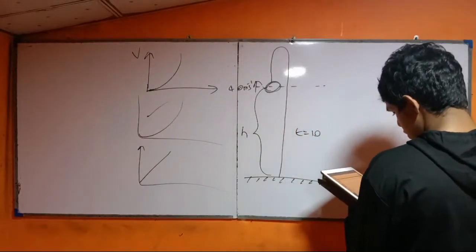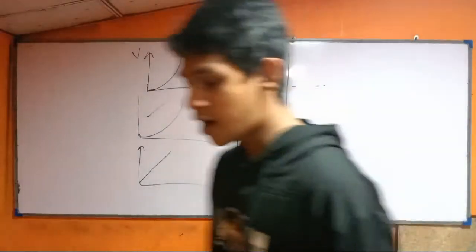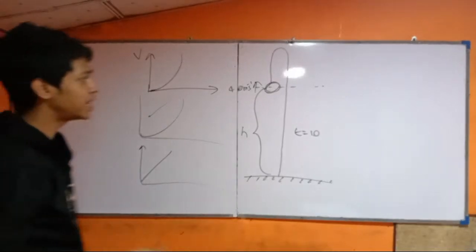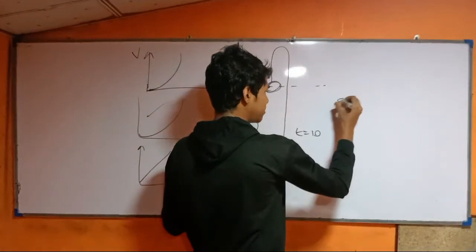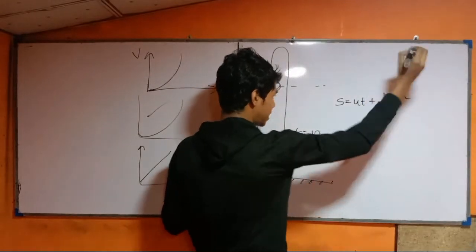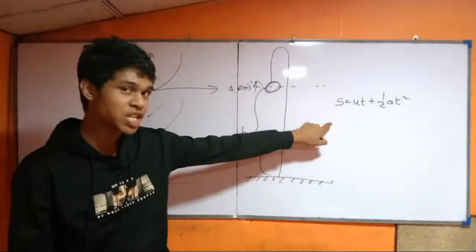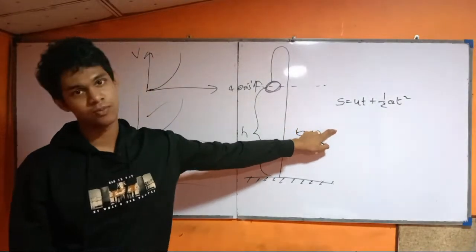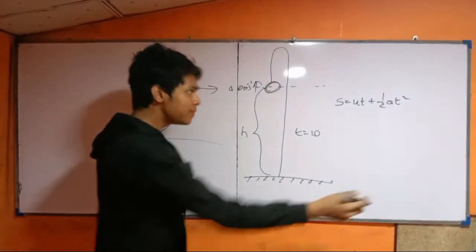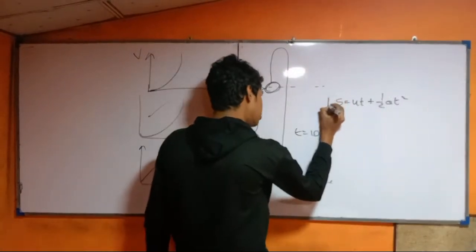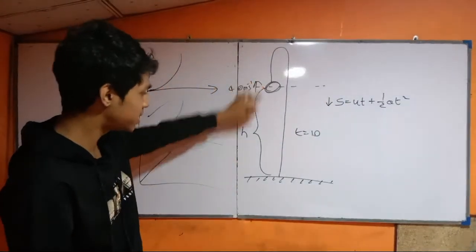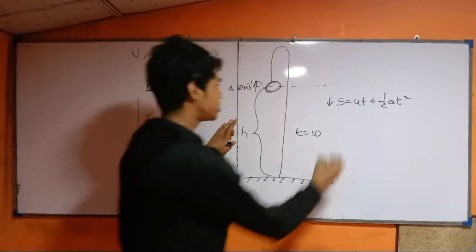Then you apply s equals ut plus half at squared, and you get a direct answer for this. How? s equals ut plus half at squared. You need to indicate the direction you are applying. Always remember, if you apply downwards, the downward displacement from here to here is positive, h.